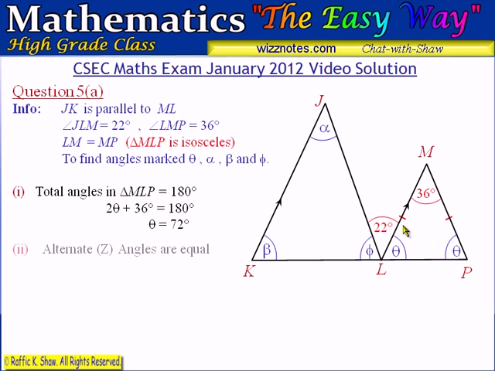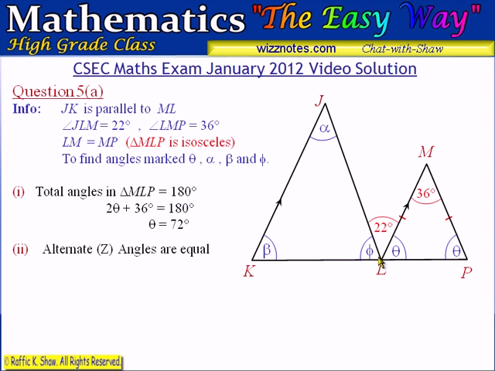Now part 2 is asking us to find alpha. And what we have is this line crossing these two parallel lines, so basically forming a Z angle here.